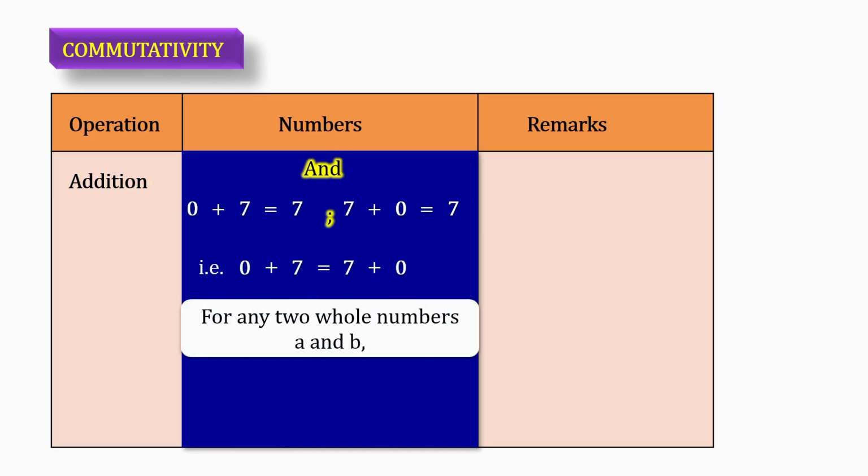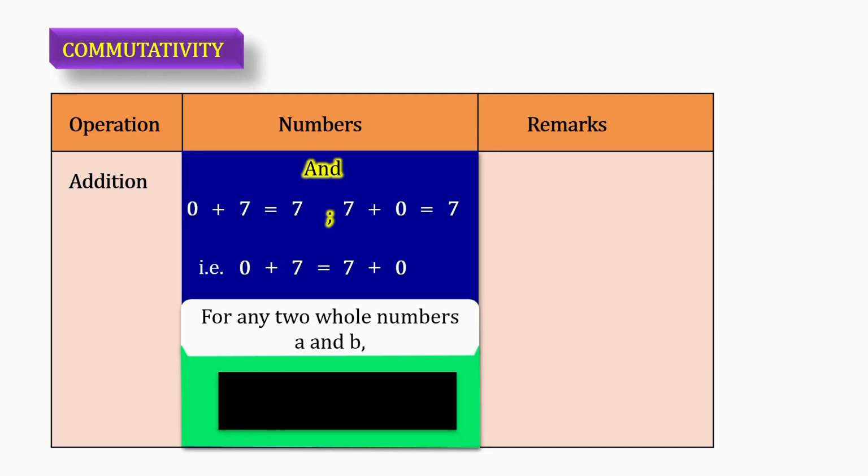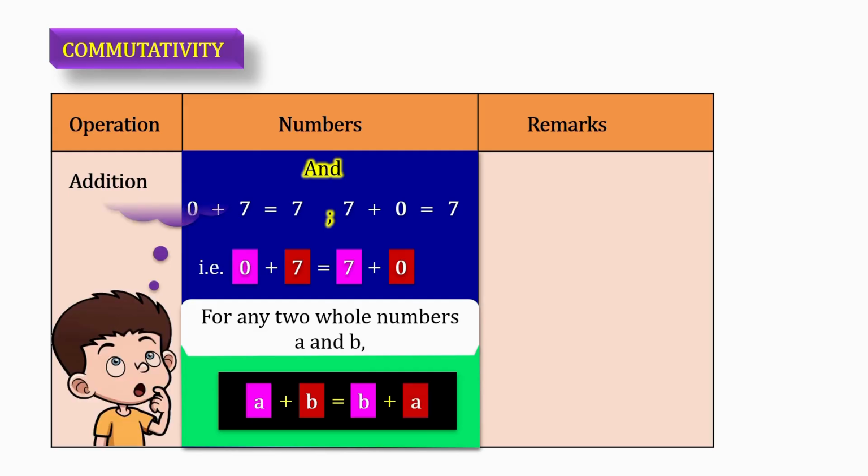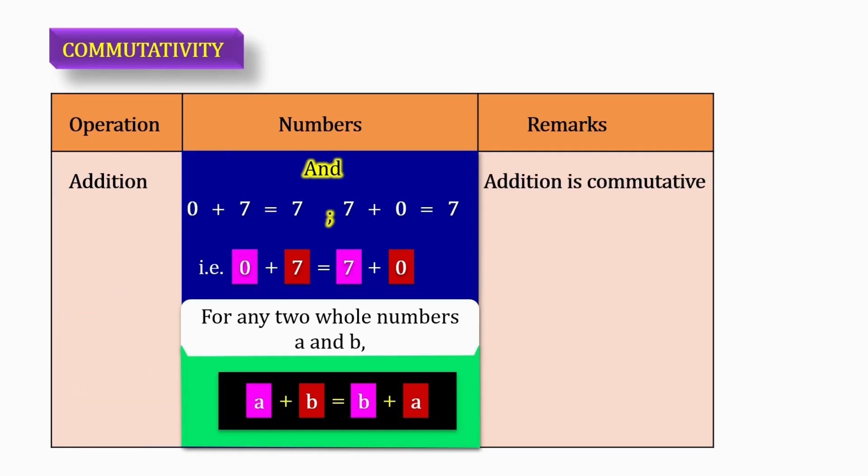So that is 0 plus 7 is equal to 7 plus 0. So for any two whole numbers a and b, we can write that a plus b equal to b plus a. So what do you observe? Addition is commutative.